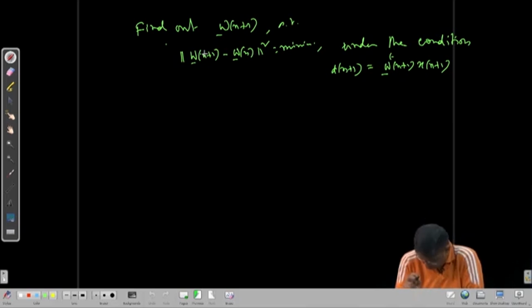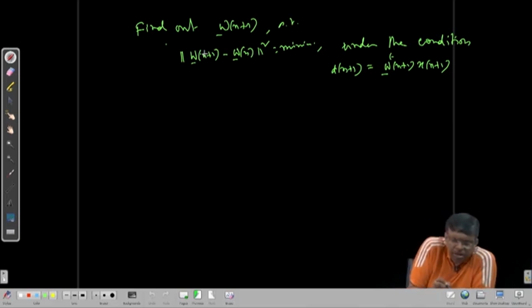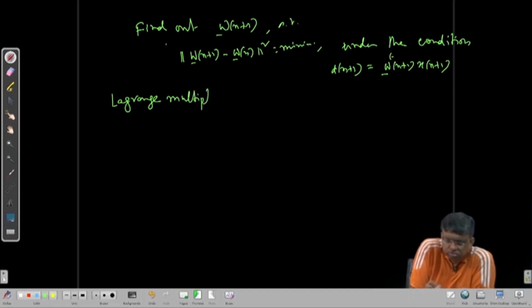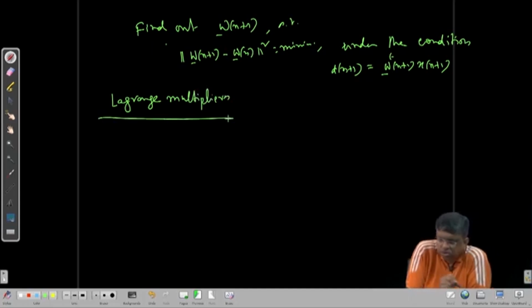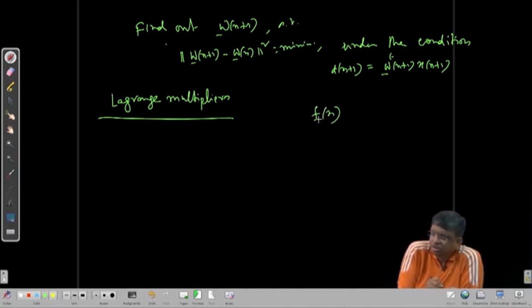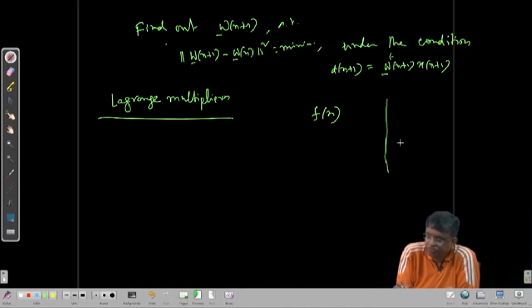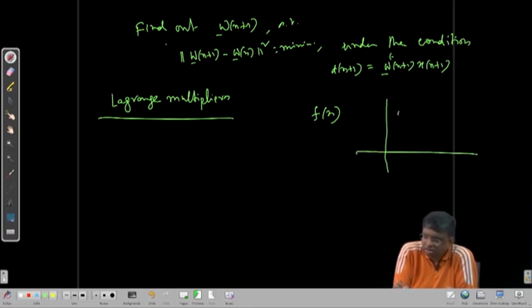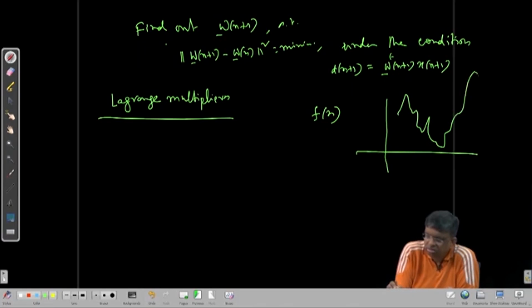I am not sure how many of you have studied Lagrange multipliers. Suppose given f of x is a function like this. This is a minima. You want to minimize it, find the minima somewhere or other. This is a global minima, fine, unconstrained minimization.